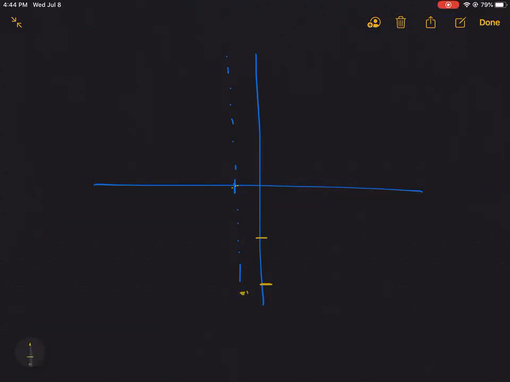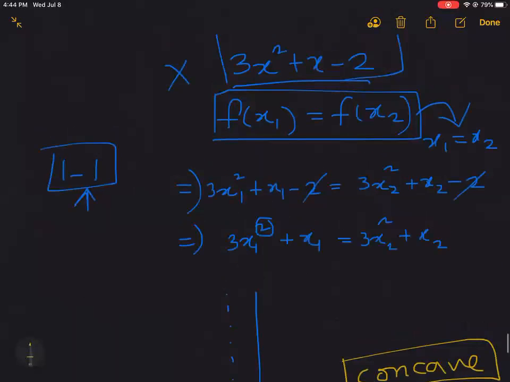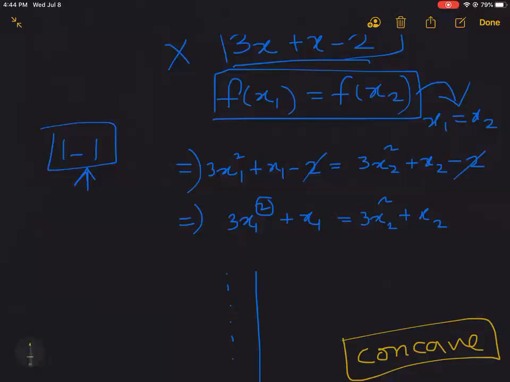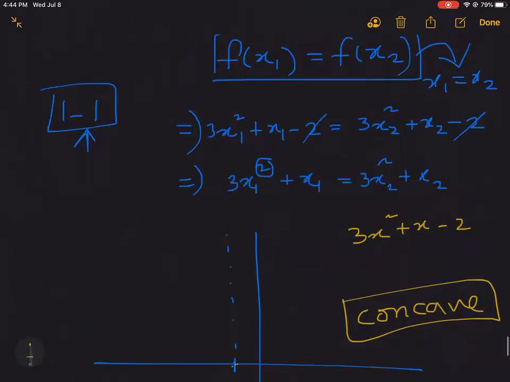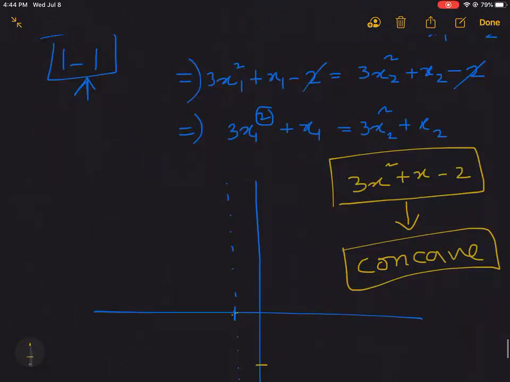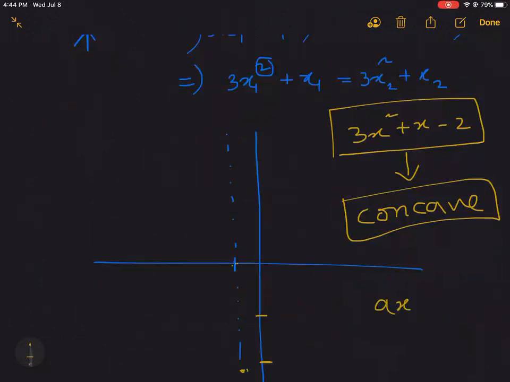How do you know that's concave up? Yeah, that's another concept. Can you calculate or can you eyeball the problem? Okay, let me write it for you. 3x squared plus x minus 2. If you have a problem like this, how can you decide whether it's concave up or down? Very good. So the idea is, again, let me just give you the general idea again. ax squared plus bx plus c, that's your a, right?